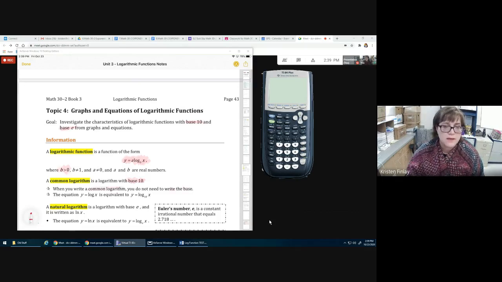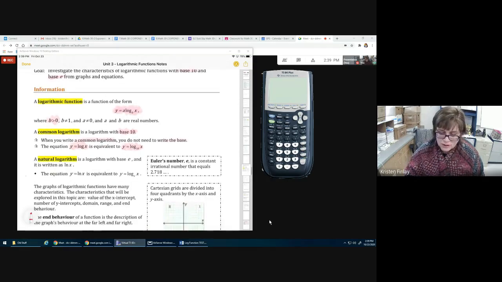So when we say log 7, we don't write the base, we mean 10. The equation y equals log x is therefore y equals log base 10 of x.